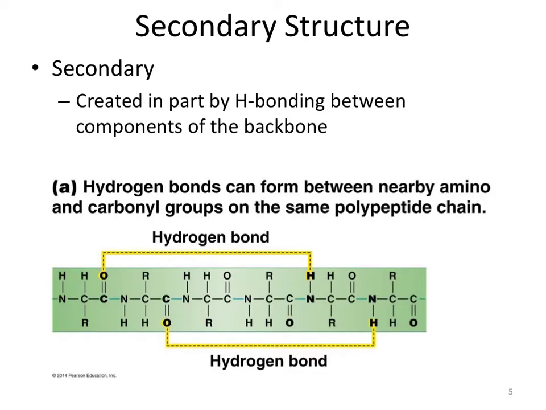So first we'll talk about secondary structure. This is the layer of structure in protein that is created largely by hydrogen bonding, which is what I mean by H bonding, between components of the peptide backbone. So shown here in green is the peptide backbone, and we discussed that structure and the terminology that's important for you to know there.